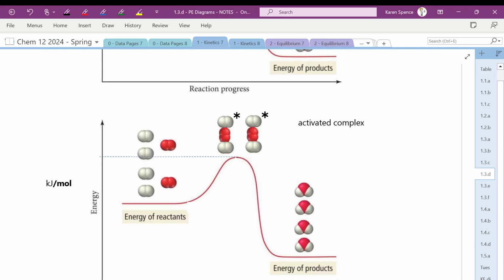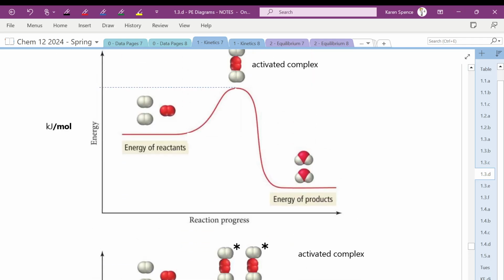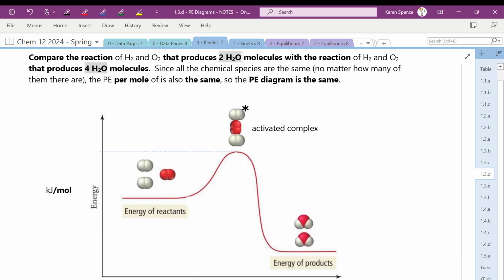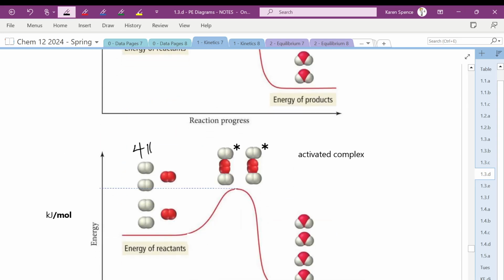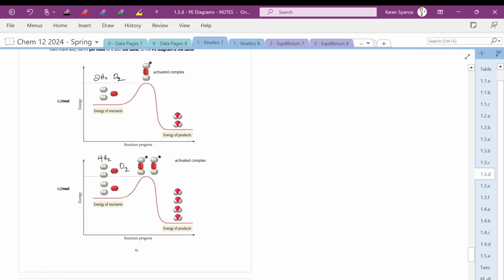Oh, look, here we go. Here I've got 2 moles of H2, 2 H2s, and an O2, right? Down here I have 4 H2s and an O2, but what do you notice about their potential energy?